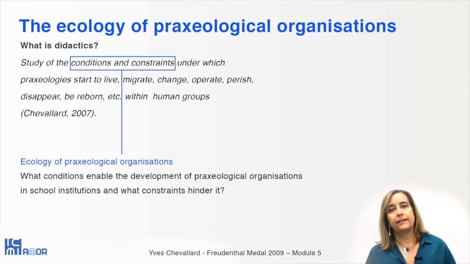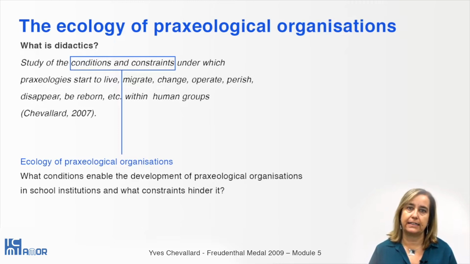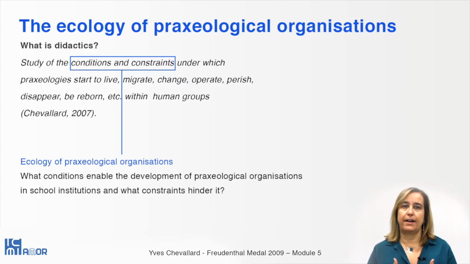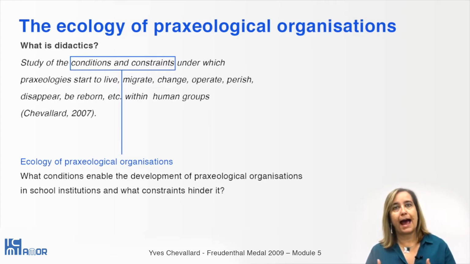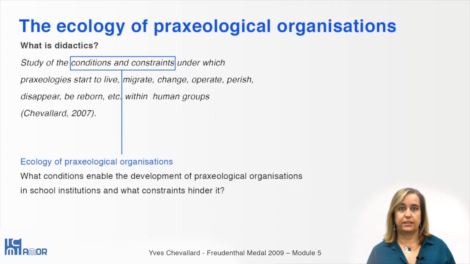In the ATD, the term ecology indicates a way of problematizing educational reality. When we analyze teaching and learning processes, we try to identify what makes some activities possible, the conditions, and also what impedes them to exist or to evolve in a given direction, the constraints.